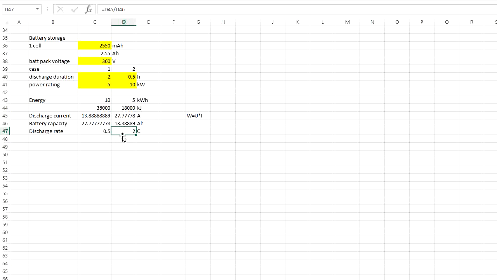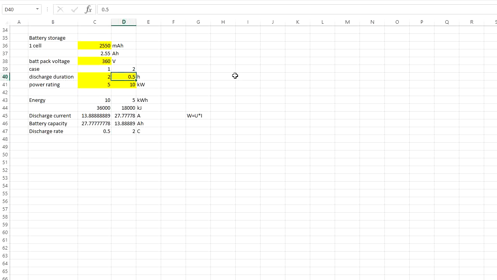But in the second case, the discharge rate is 2 capacities, so either we have some batteries that are built for higher discharge rates, or we would need to double the capacity to be at the 1C.